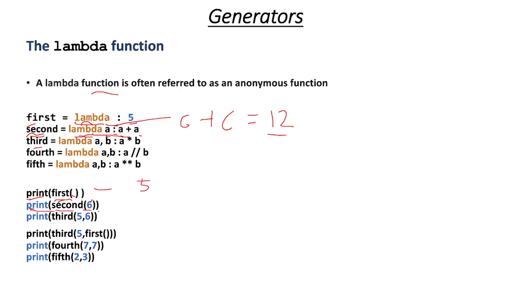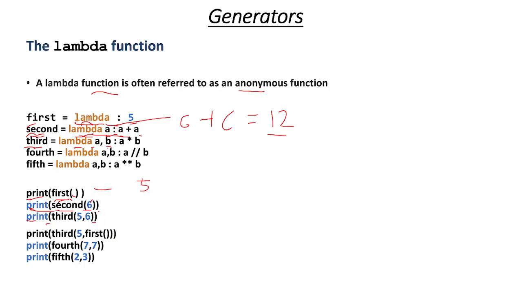So again, we can also place parameters inside our Lambda function. Here we have the third example, where we will place two parameters: parameter a and parameter b. The following Lambda function again will be assigned to a variable. It's mandatory to assign it to a variable. By doing so, we are able to invoke our Lambda function. Without assigning it to a variable, our Lambda function will remain anonymous. Here we have our print function, and inside it we have our third variable.